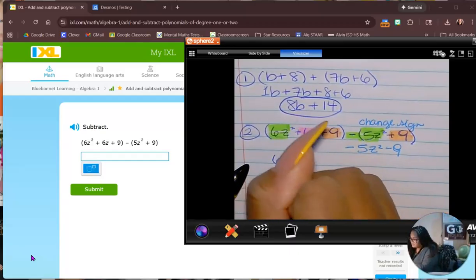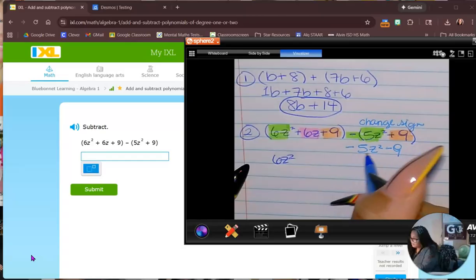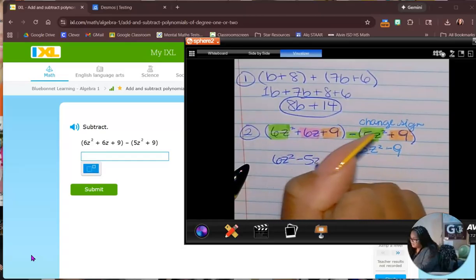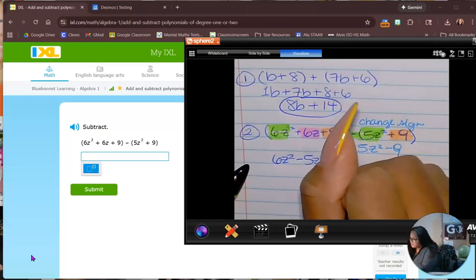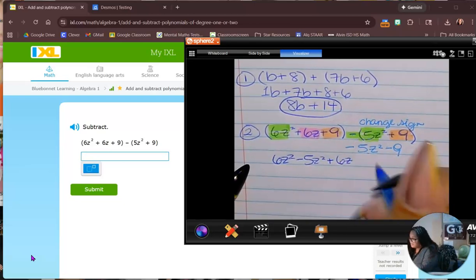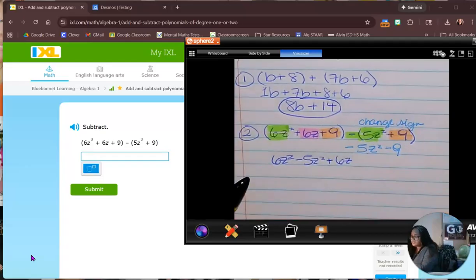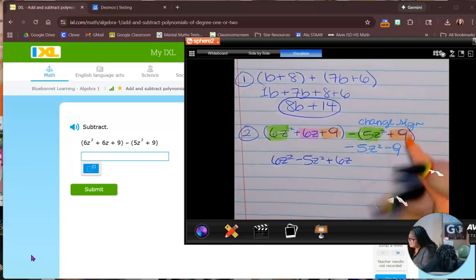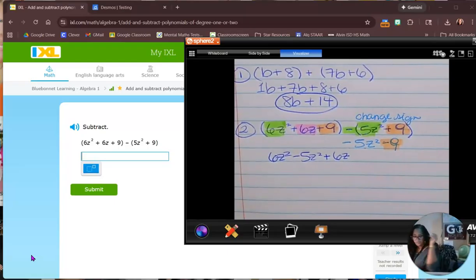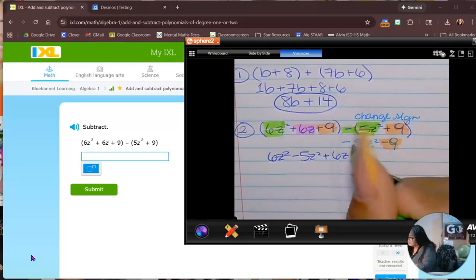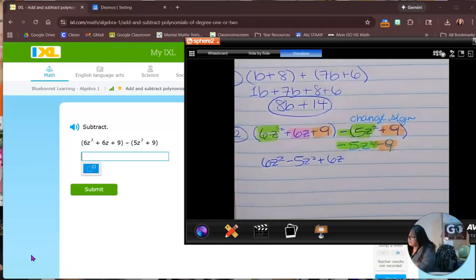So this is 6z squared minus 5z squared, and then bring down the one with the next degree, which is 6z, and then bring down your constants, which I should have highlighted. Where's my green highlighter? This one.